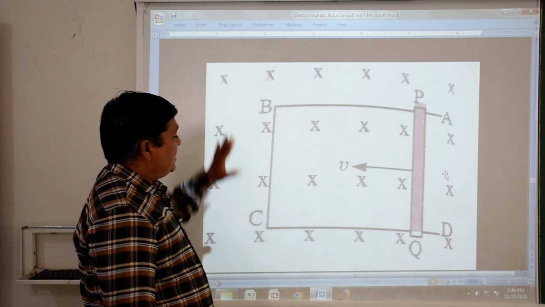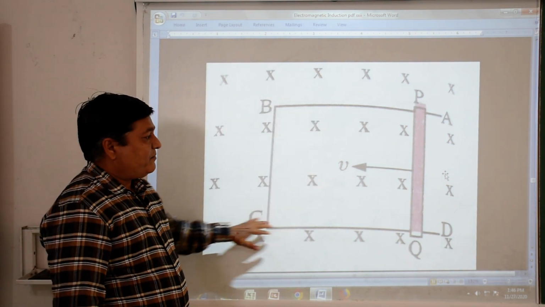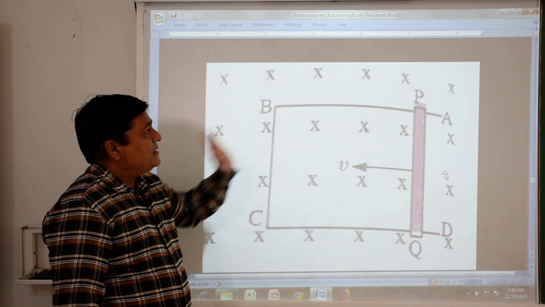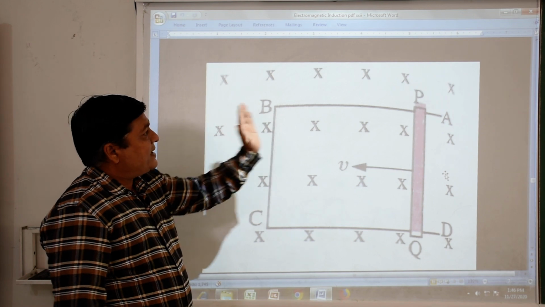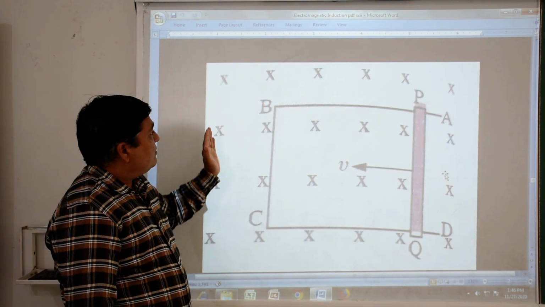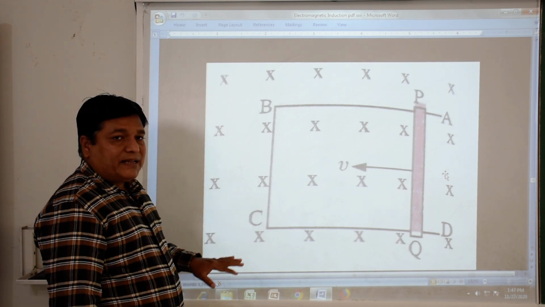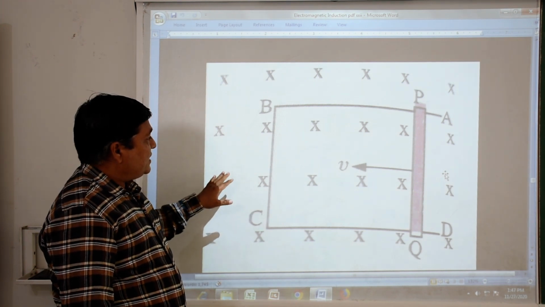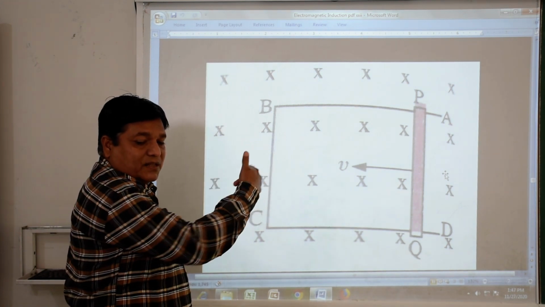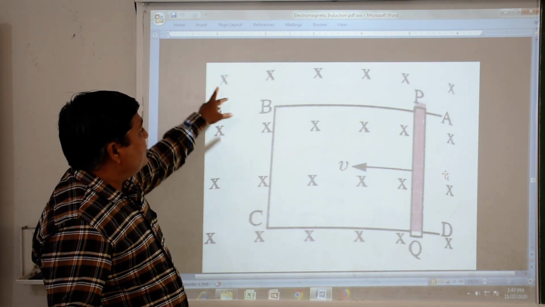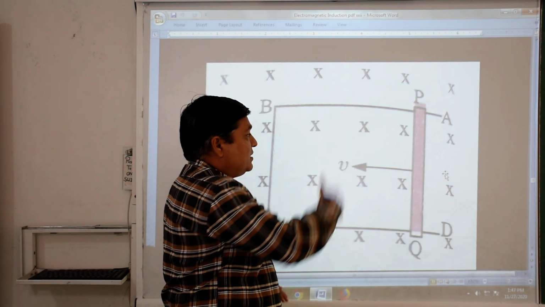According to the figure, cross signs are there on the plane of the paper. What does it mean? What is the direction of the magnetic field? The cross symbol shows that the direction of magnetic field is towards the plane, so the direction of magnetic field is inward.